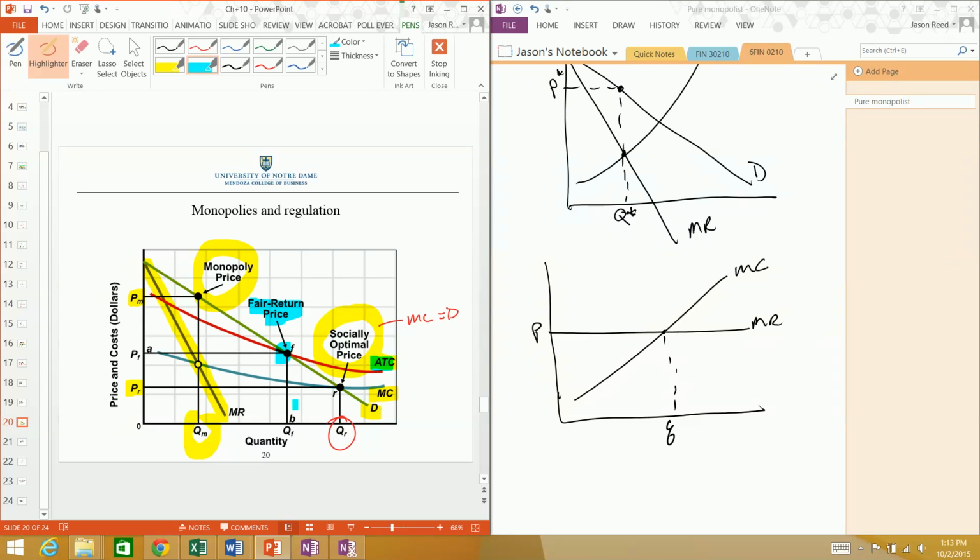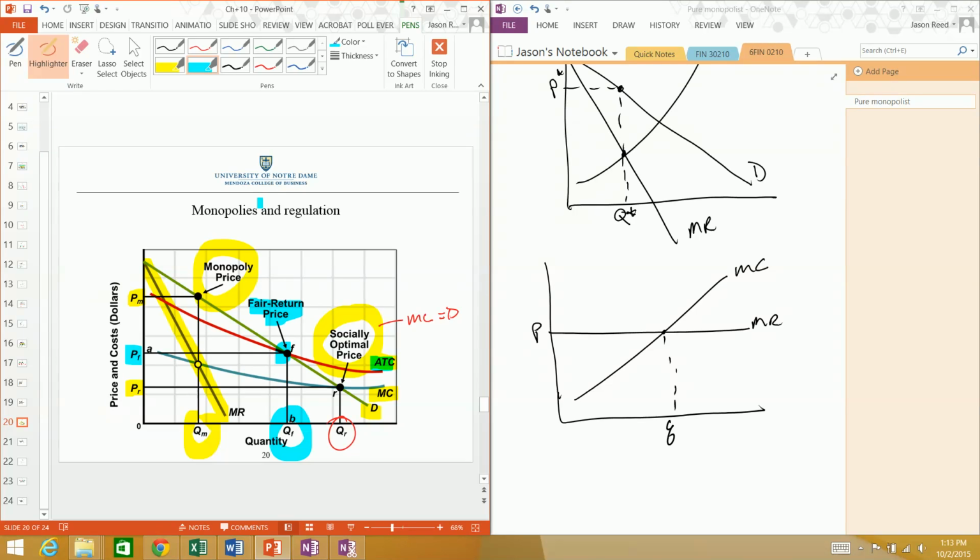And so what we end up getting is this quantity QF, which is in between the monopoly and the socially optimal, and we have this price PF here as well. And so at this average total cost, we would essentially be seeing no economic profit at all. And that's the idea, is that firms can achieve some sort of accounting profit, but we want to eliminate the economic profit they would be receiving.